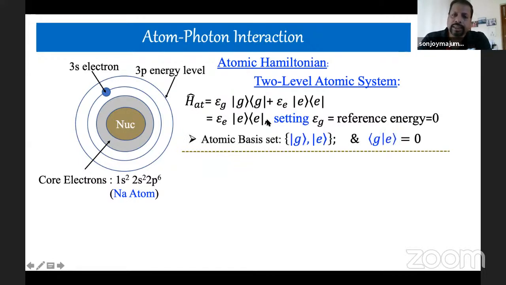Here you remember the kind of basis we are using: only two orbitals or states, the ground state and the excited state, which we write in terms of G and E. They are orthogonal to each other, so if you take the inner product of G and E, it gives you zero.